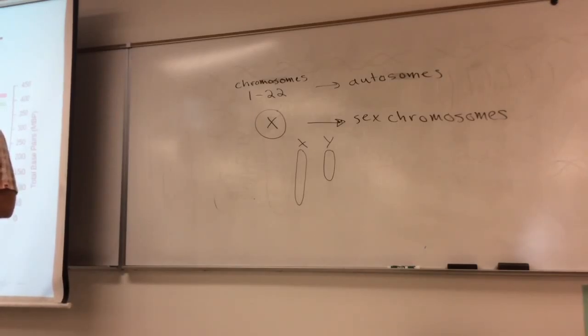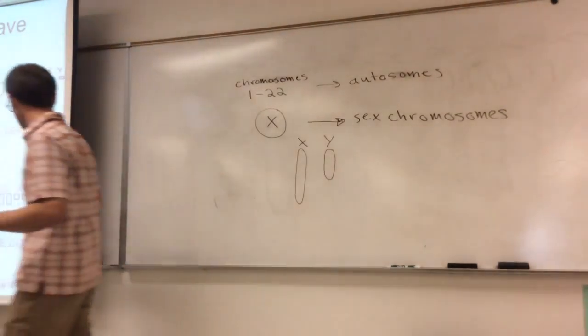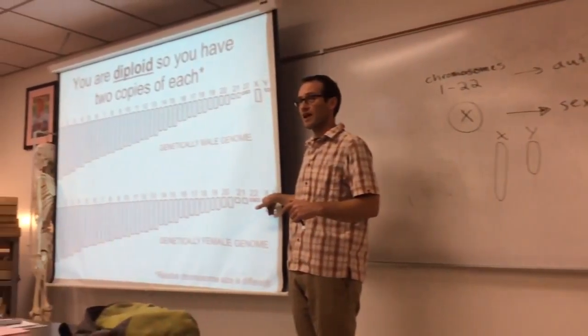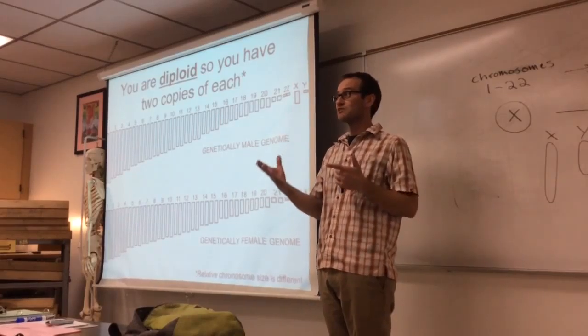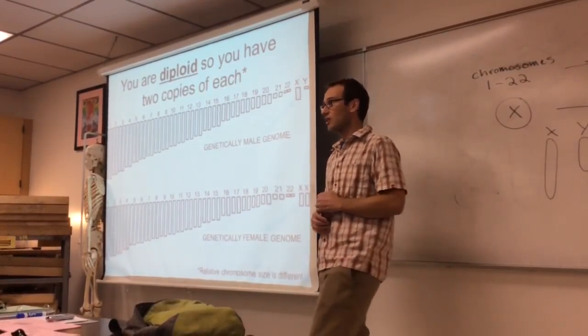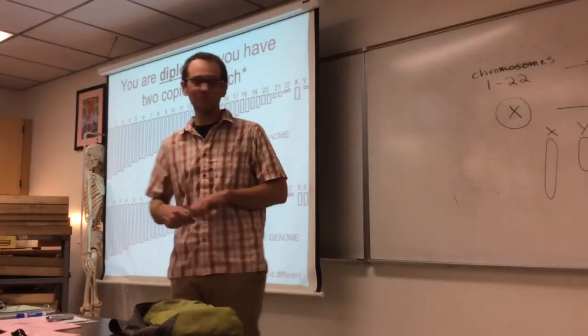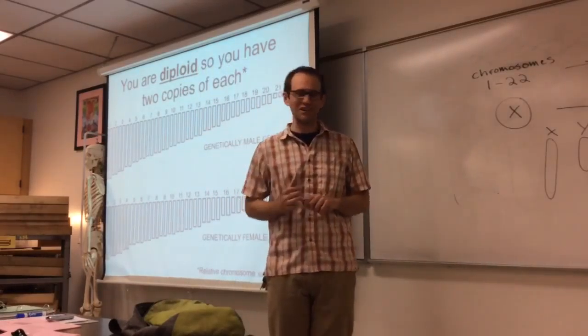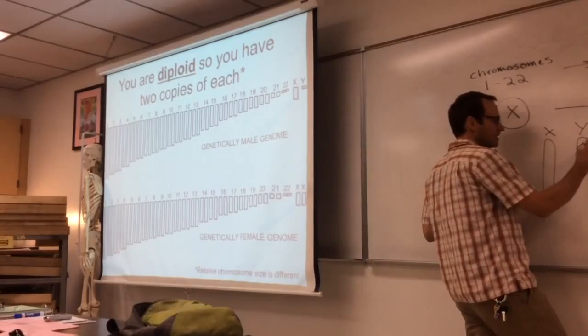But as we know, females have two X chromosomes, and that means that you can do just fine without the Y chromosome. So the Y chromosome is not essential. I mean, it's essential for certain things, but it has this one location on it.